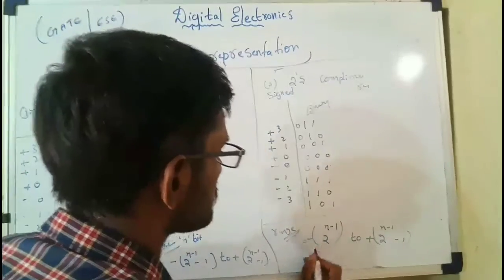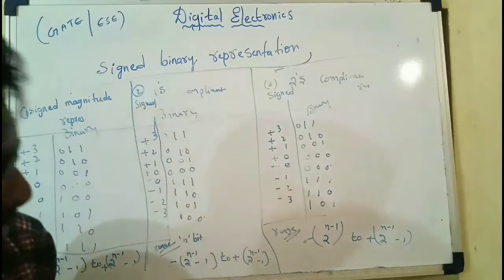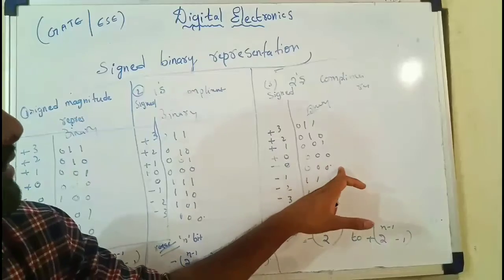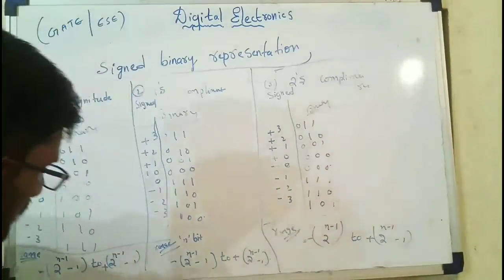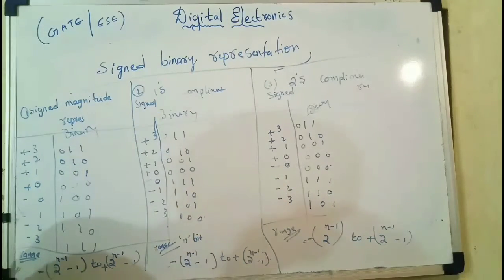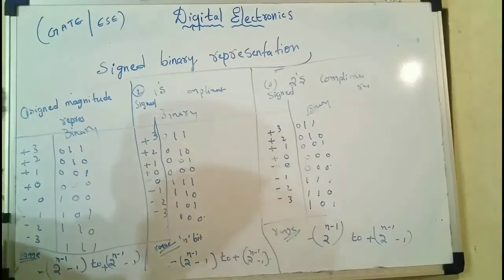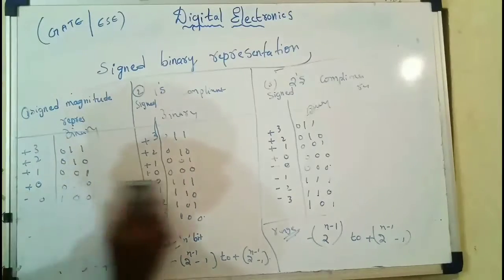This is the range for 2's complement representation. Why we removed this one: minus 0 is nothing but plus 0, so we got one value less. This is all about the sign binary representations.